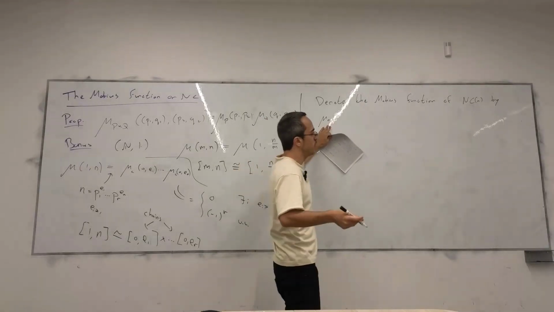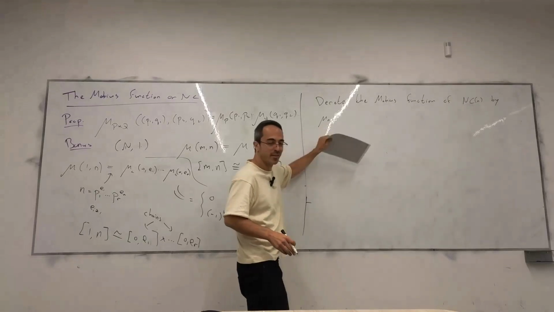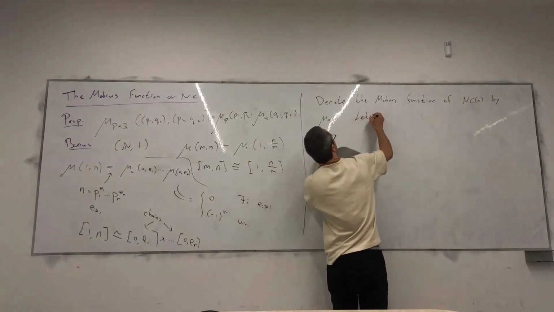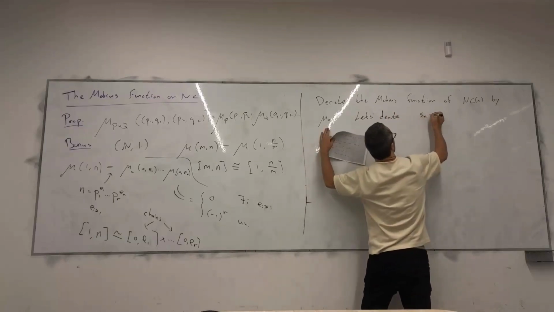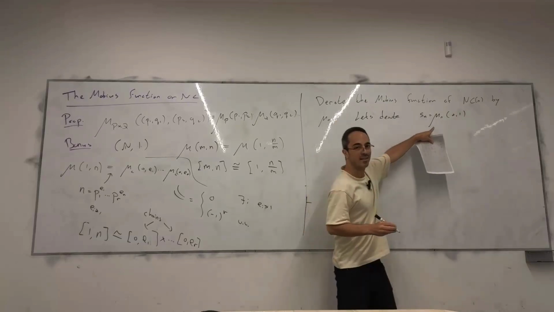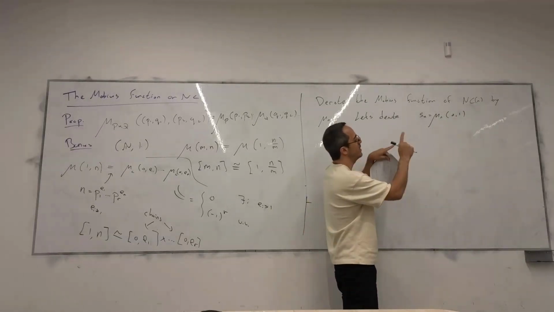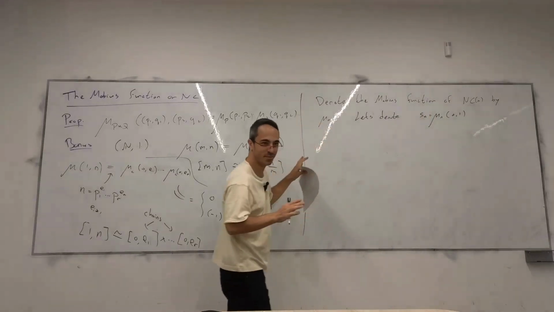It's always an integer, but you know. That's a matrix. I want numbers. So let's denote Sn to be mu n of 0, 1. The smallest to the largest. Like in the matrices, it's the top right corner. Like the 2 that we had before.